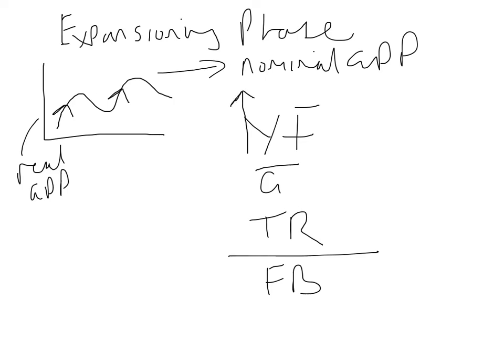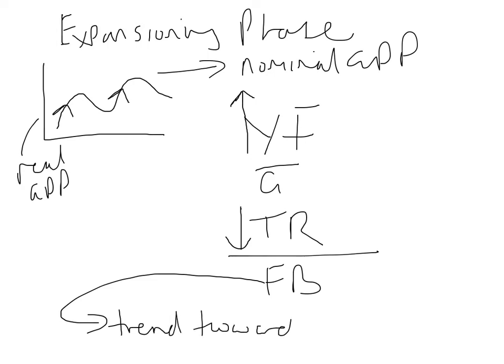Not only that, the unemployment level is going to be very low. So payments under the unemployment benefit are not going to be large. And so we can show that this transfer is going down. And so that means that fiscal balance will trend towards a surplus.